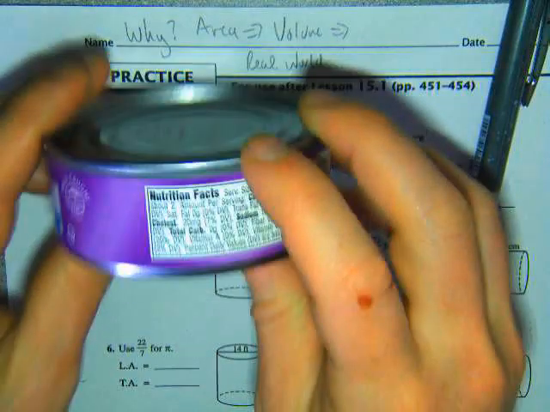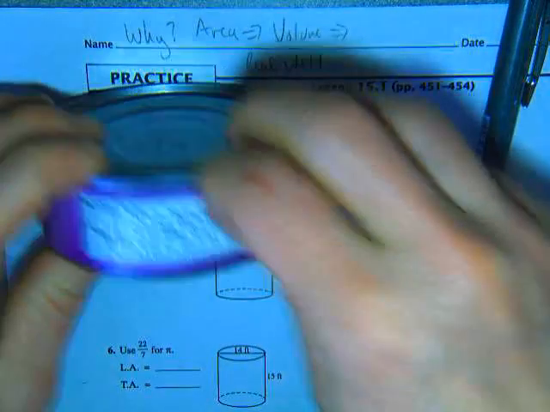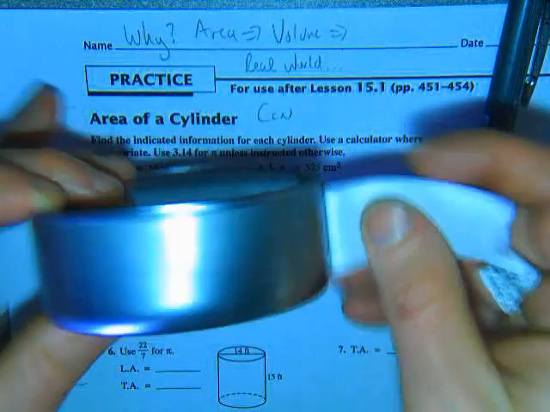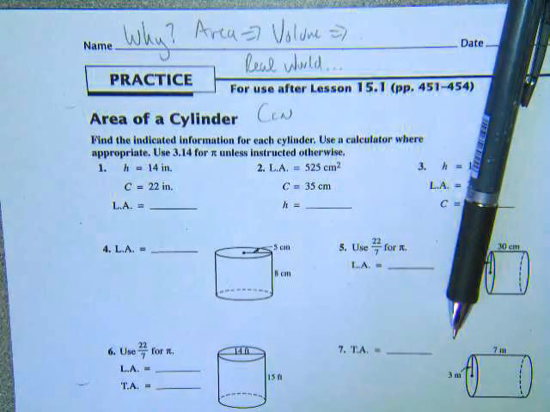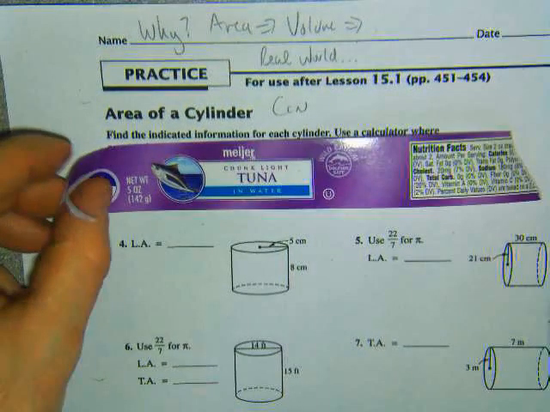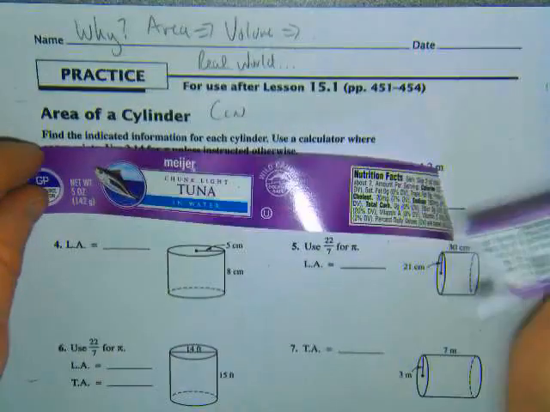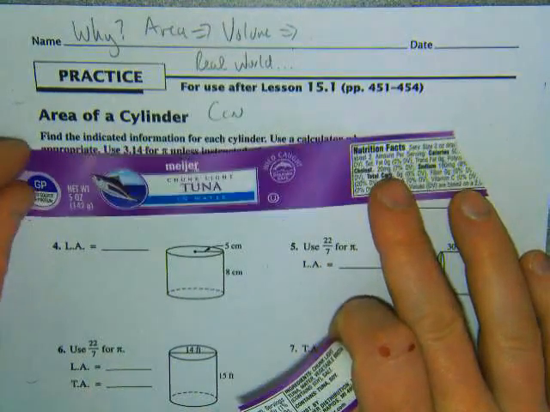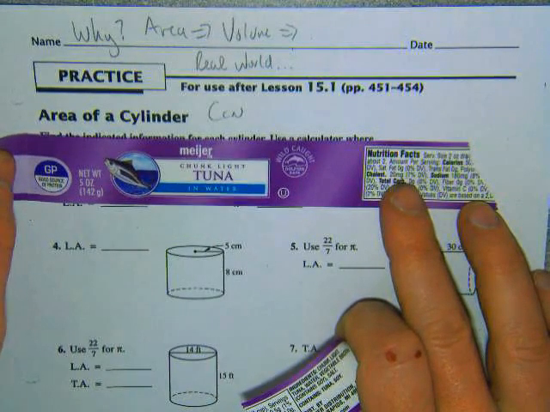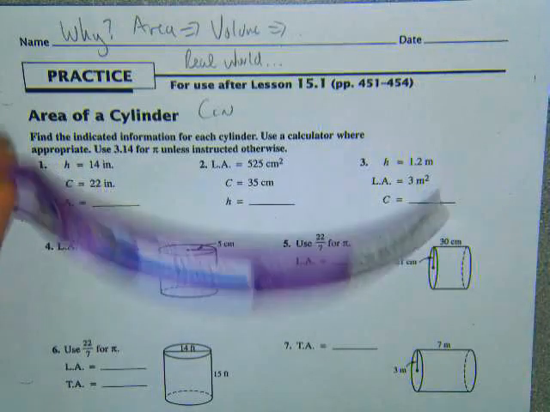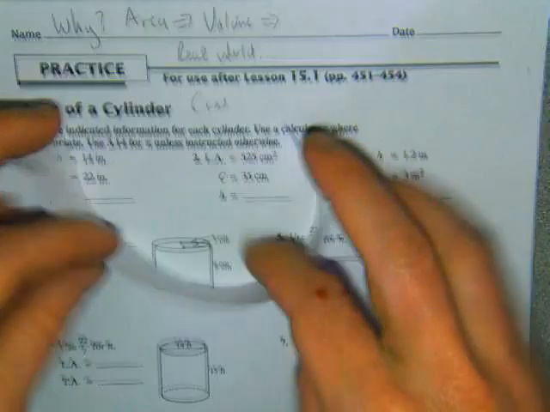So really the lateral area, how I think about that is just this. There's the lateral area. Okay, there's the other piece. So the lateral area is the side around the outside. And to get this lateral area, we need to get the circumference, which is all the way around, and we got to multiply it by the height.